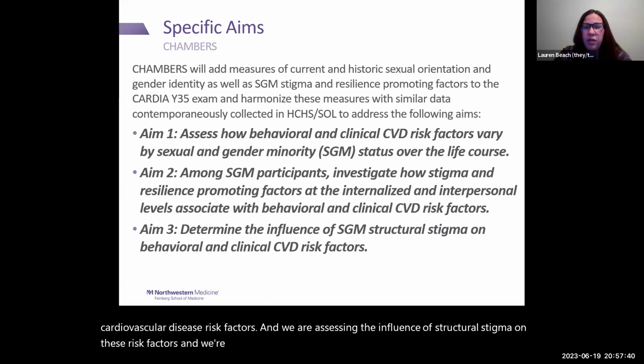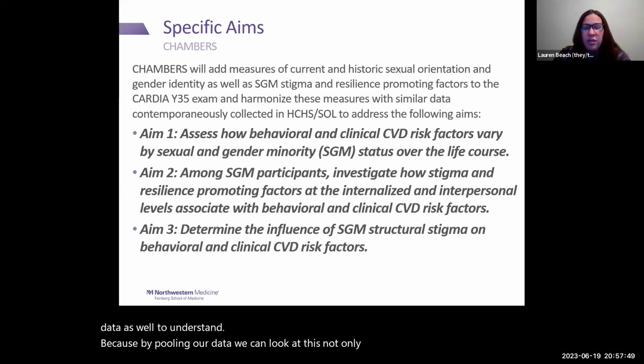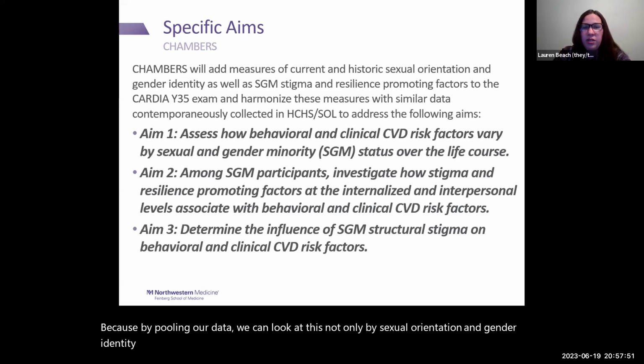We're doing this both in each of our studies alone and by pooling our data, because by pooling we can look at this not only by sexual orientation and gender identity, but also the intersections of race, ethnicity, and socioeconomic status.